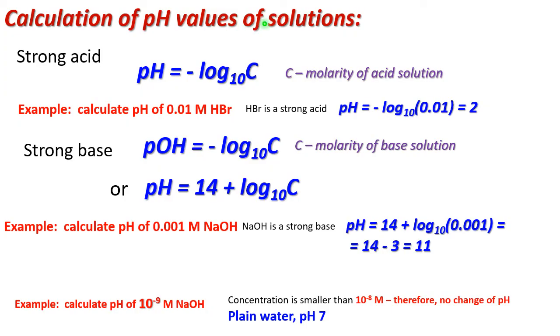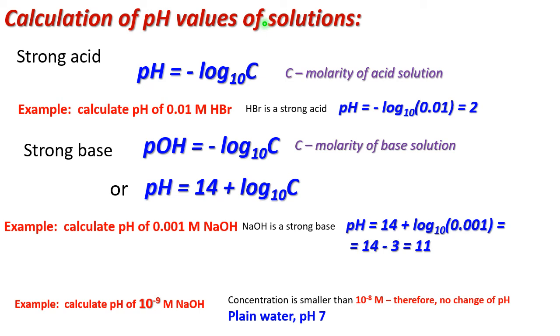So how do we calculate pH values of solutions? Strong acid. Very simple formula. pH is negative log of total molarity of acid solution. Why is it so?